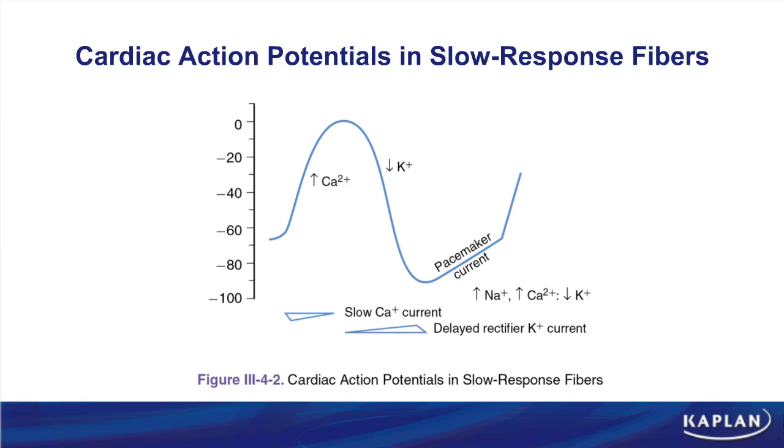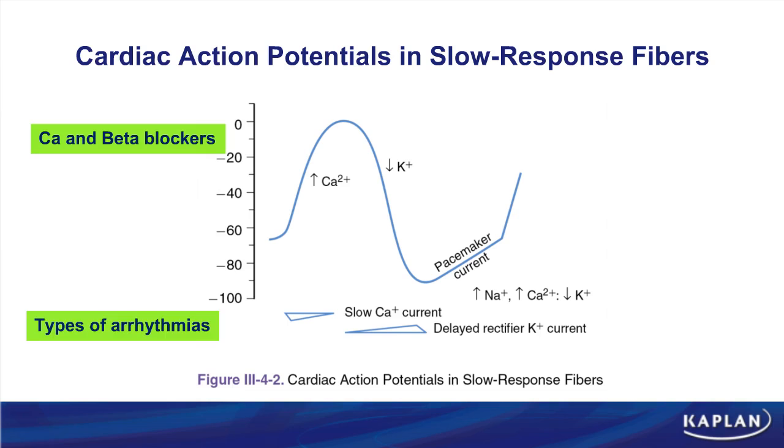Remember, phase 4, shown on the bottom right of this figure, is the pacemaker current. That's where you get calcium influx, but you also get sodium influx through those funny sodium currents. So beta blockers and calcium channel blockers depress the slope of phase 4 and phase 0.